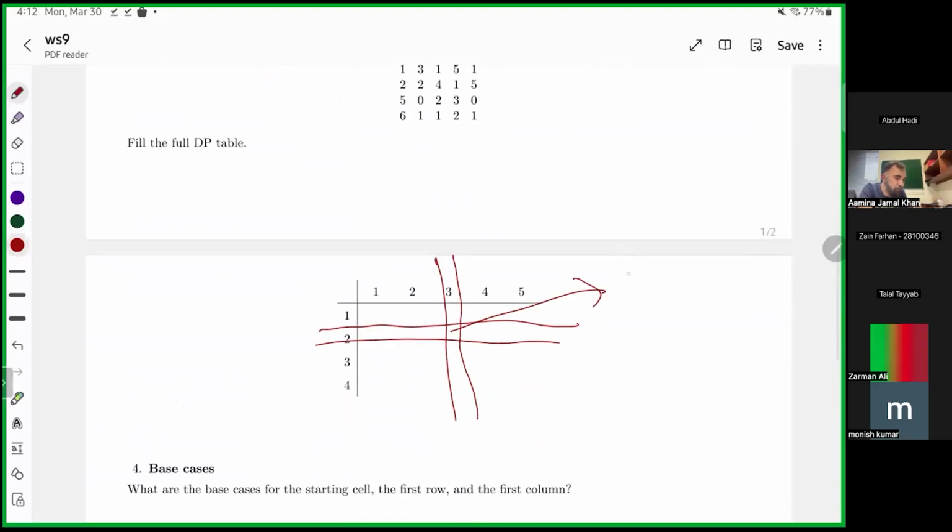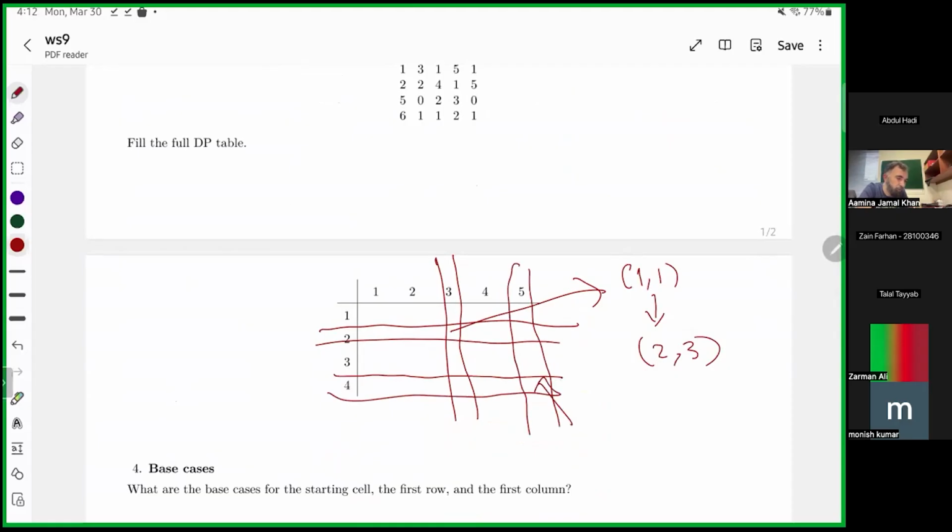So it's the cost of going from 1 1 to 2 3. And the ultimate goal of this part is to find out what's going to end up being here. So the cost of going from 1 1 to 4 5.